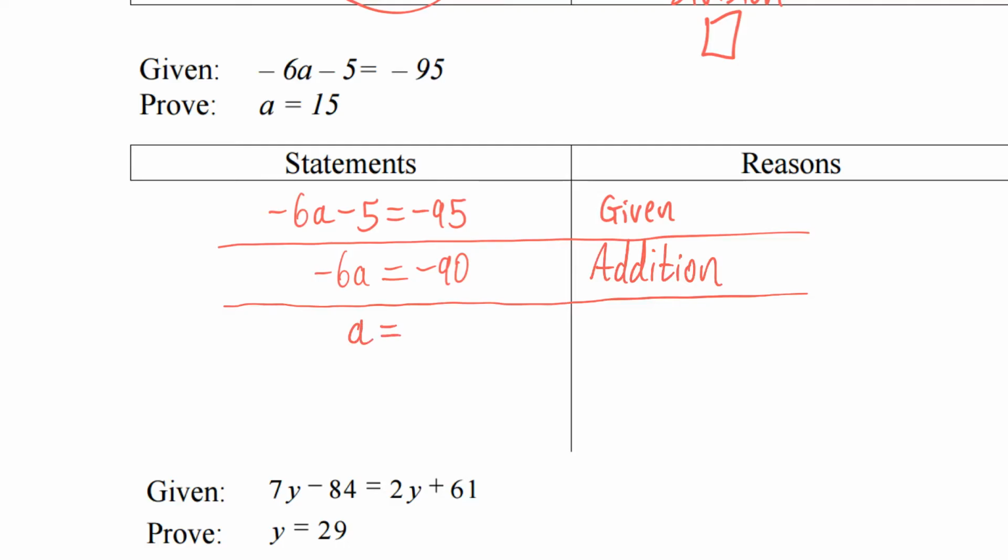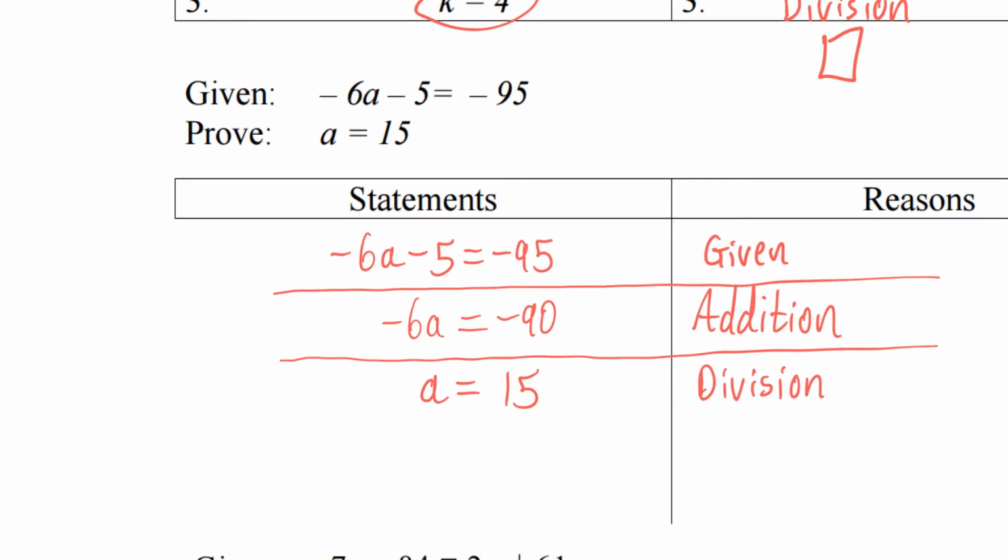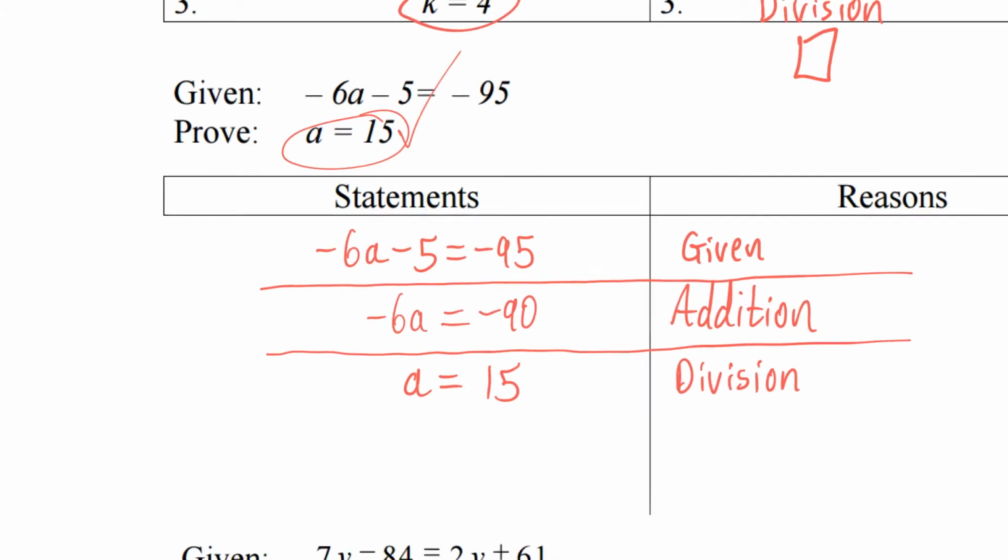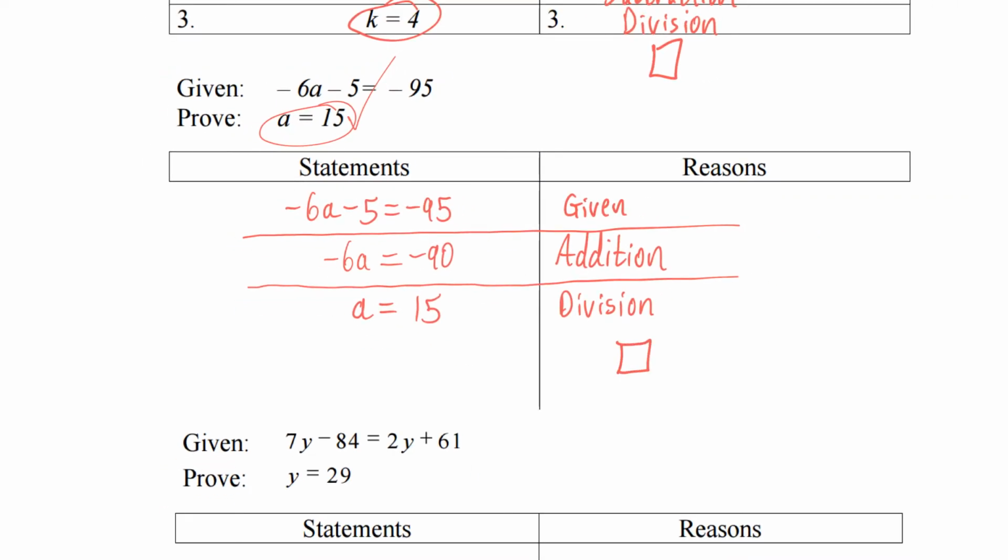And then on the right-hand side, negative 90 divided by negative 6 is what? 15. What property did we apply? Division. And that better be 15 because that's what we're trying to prove, right? So we got that done. Okay, good.